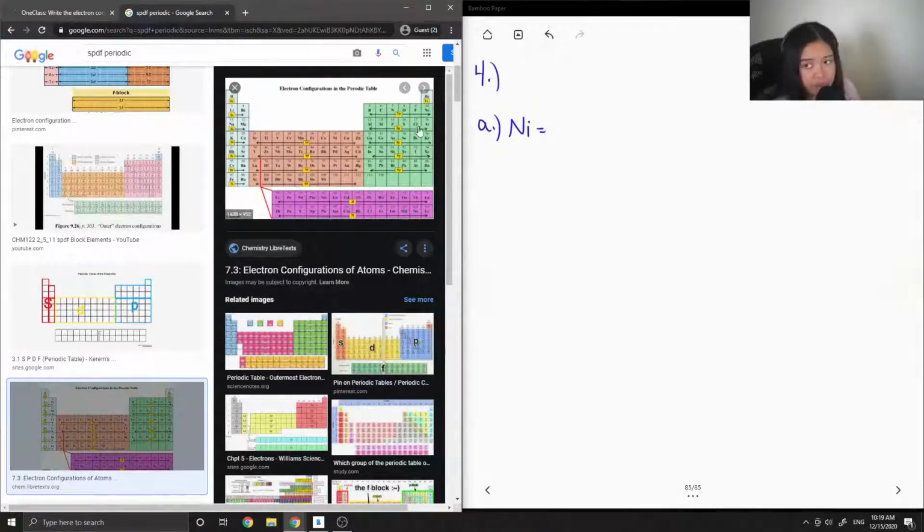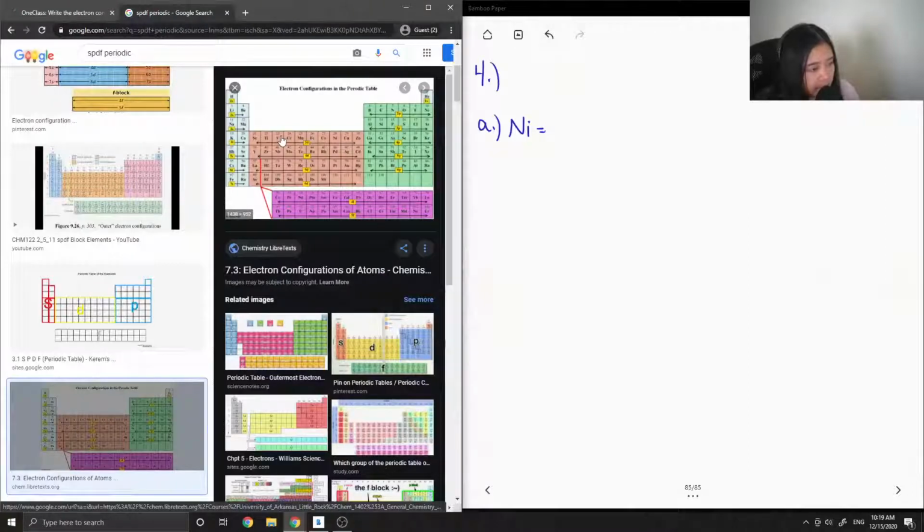The green column here is the P block. The middle transition metals are the D block. And the last two rows, the lanthanides and actinides, is called the F block. So when we try to find electron configuration, we start at hydrogen and then move across the periodic table from left to right until we get to our desired element.